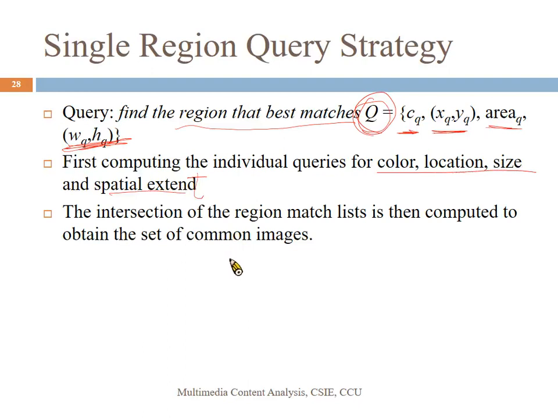Okay, and for the regions that match the color constraint, we may have some returned images, and we may also have some returned images that match the location criteria. And finally, we take the intersection of them to find the final result.